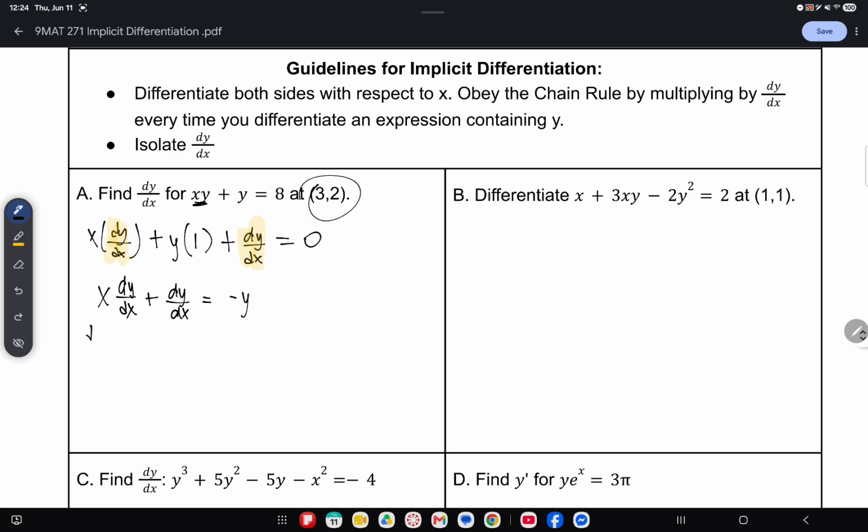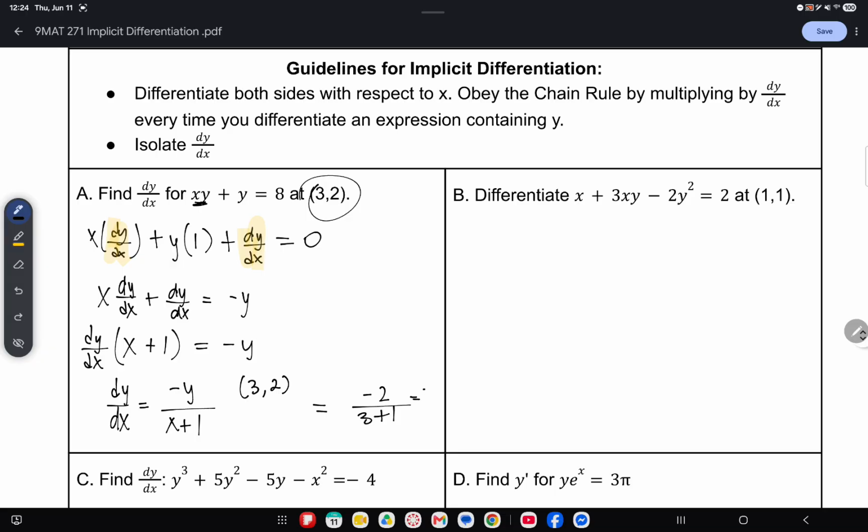Well, then I can factor out a dy dx, and I'm left with x plus 1. And then I can divide both sides by that x plus 1. So dy dx is negative y over x plus 1. And then when I substitute in that point, 3, 2, I get negative 2 over 3 plus 1. So negative 2/4, which is negative 1/2.